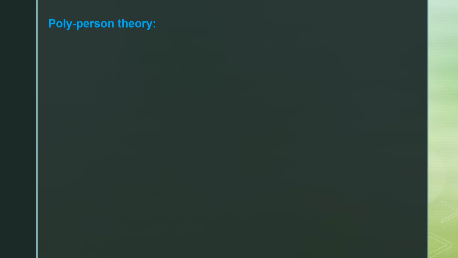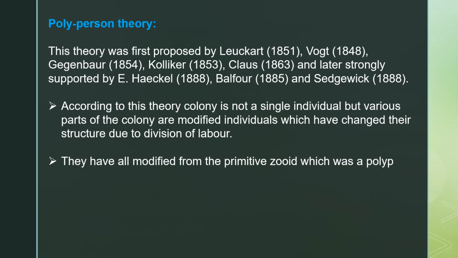Then came the polyperson theory. This theory was first proposed by Leuckart, then many other scientists also suggested this theory, and it was later strongly supported by Haeckel, Balfour, and Sedgwick. According to this theory, the colony is not a single individual, but various parts of the colony are modified individuals which have changed their structure due to division of labor.